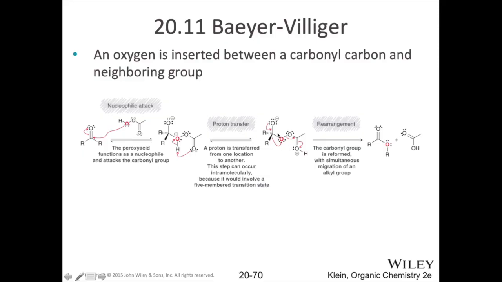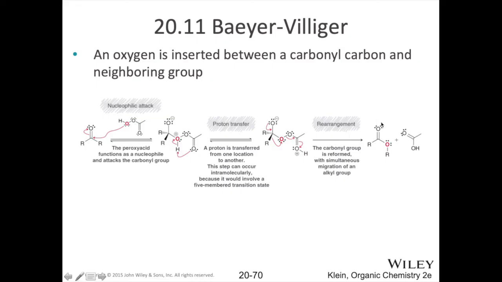And we then do an alkyl shift. Now, if this were an aldehyde, this would be a hydride shift. But essentially, you're doing a rearrangement here where that alkyl group shifts over to that oxygen while this carbonyl reforms and you break this oxygen-oxygen single bond.